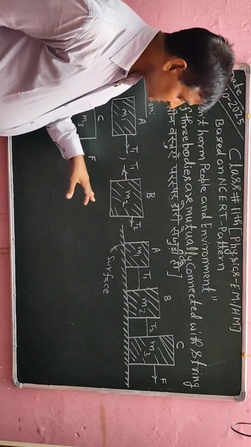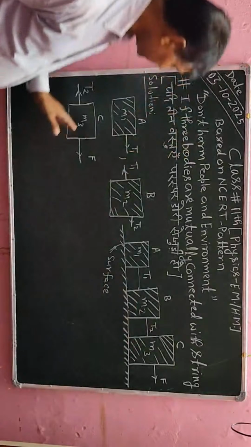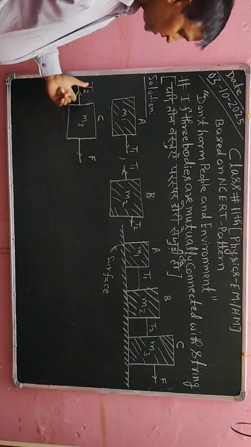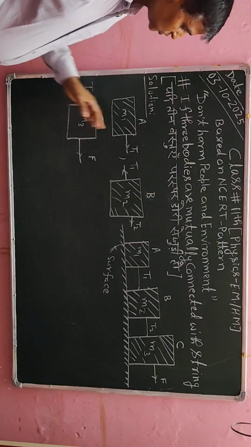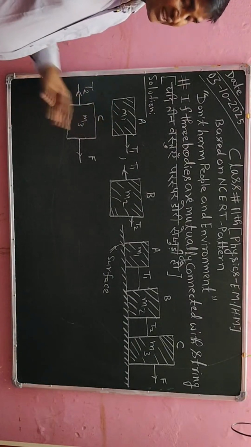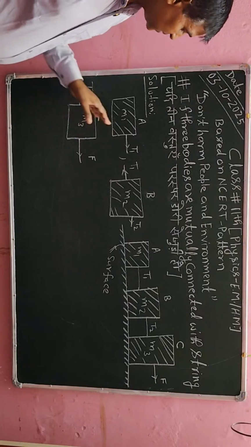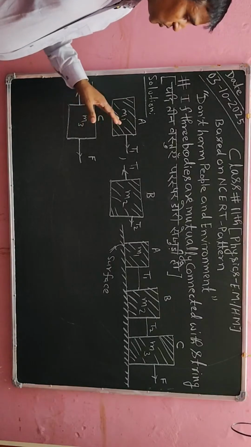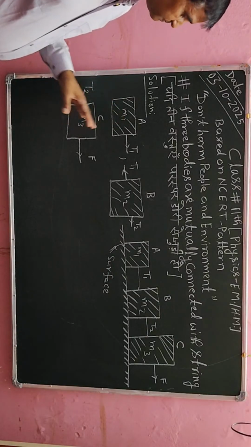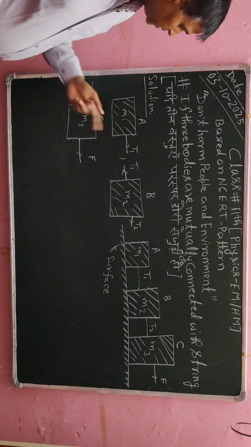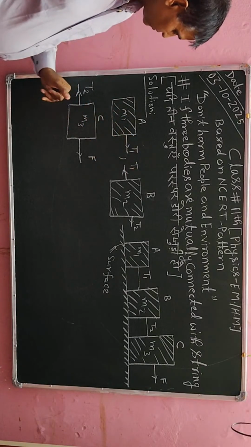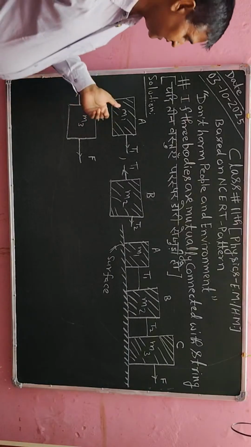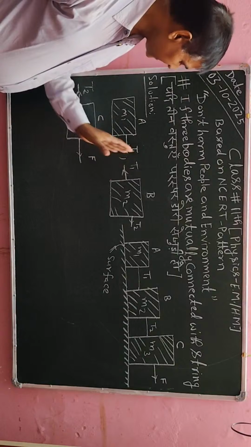Similarly, F will be in the forward direction but T2 will be in the backward direction. So in all these three cases I will use Newton's second law of motion to write three equations in the variables T1, T2 and F, and the mass of each object is also given.